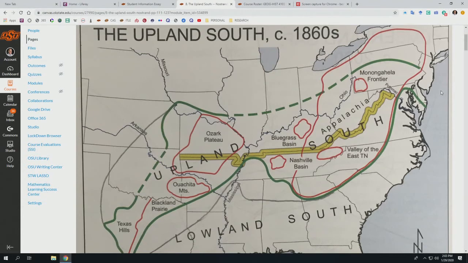And the type of bedrock is, anybody know? Limestone, okay? Limestone. So these are basins that have exposed limestone bedrock.